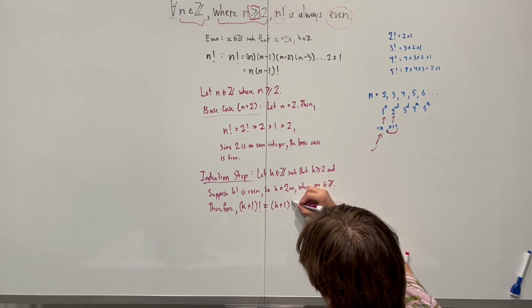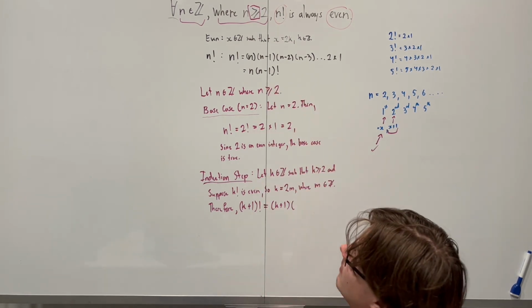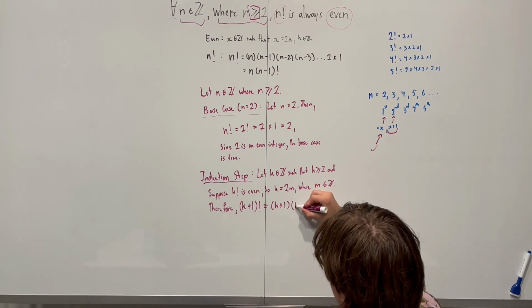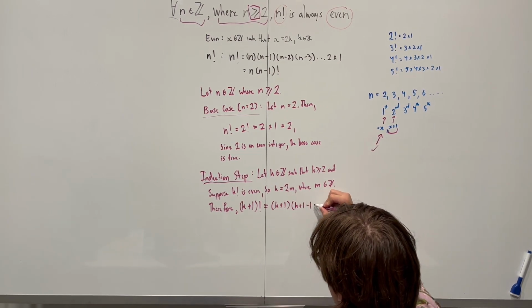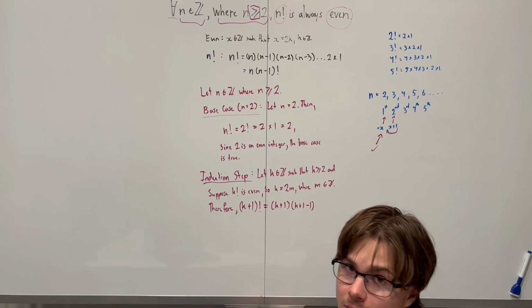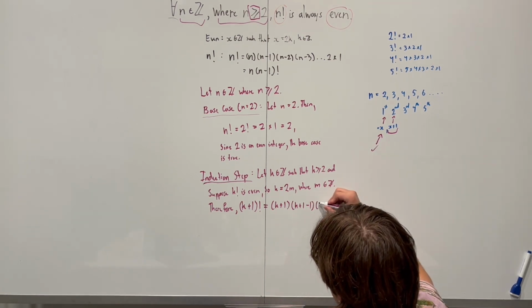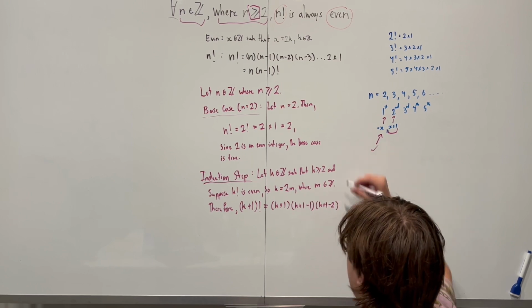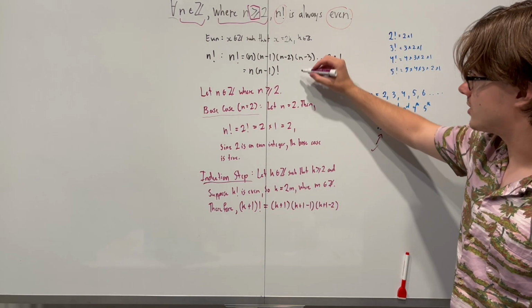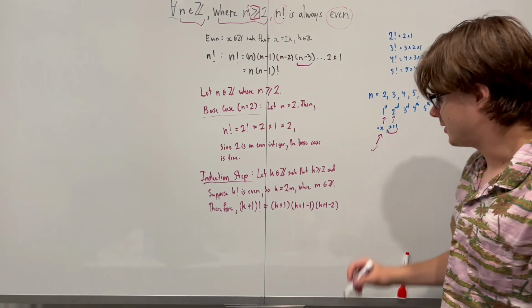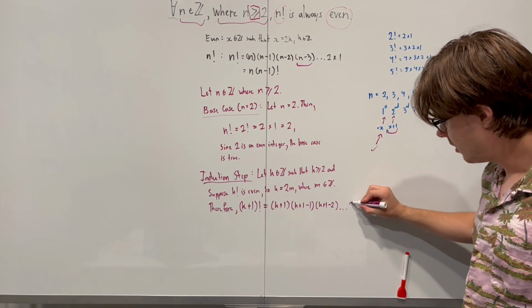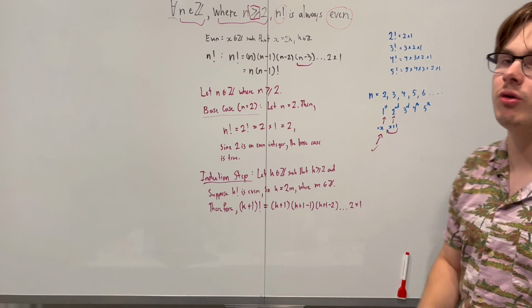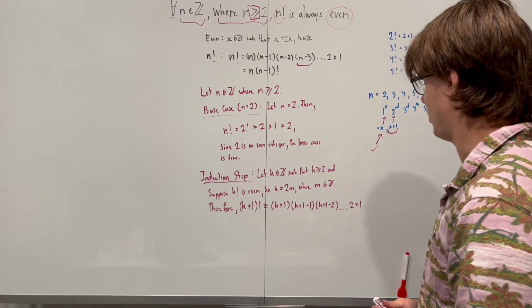Our second number is going to be the first number minus 1, so it's k plus 1 minus 1. Our next number is k plus 1 minus 2. Now I'm just going to put dot, dot, dot. It's not really necessary to go this far, so we can just say dot, dot, dot, 2 times 1, since we know that all factorials end in 2 times 1.